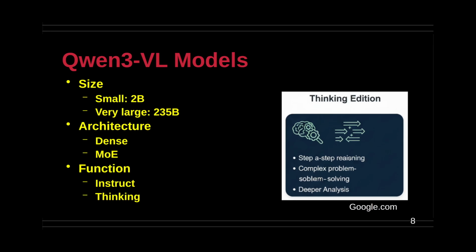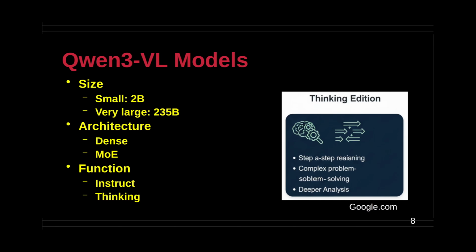MOE models, for example, Qwen3-VL-235B-A22B, use only a fraction of their total parameters or experts for any given input, offering higher peak performance and greater efficiency, but often requiring specialized hardware setups.